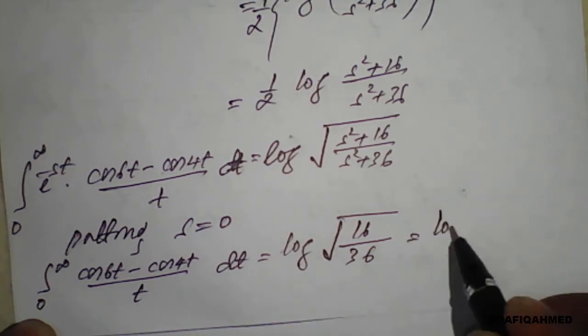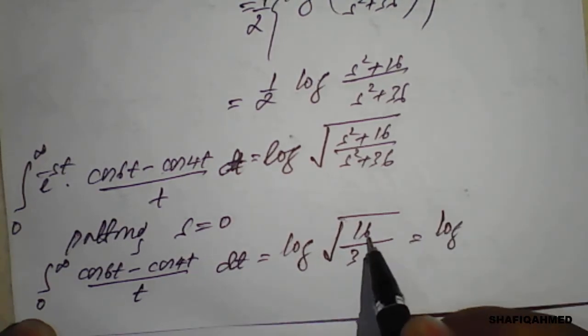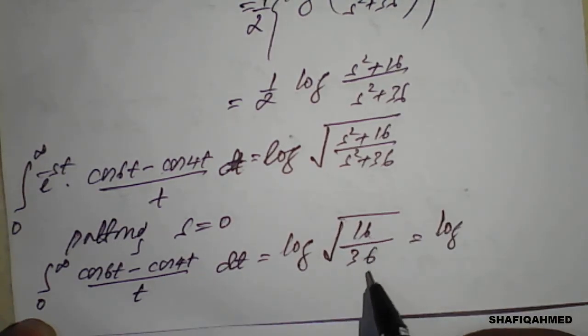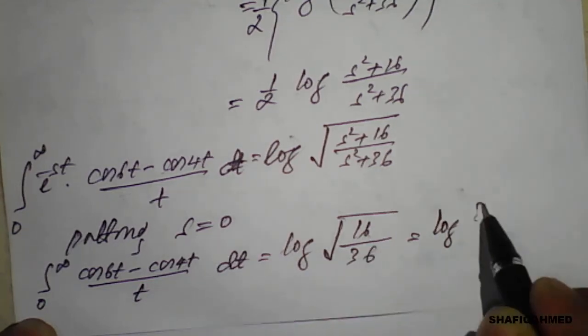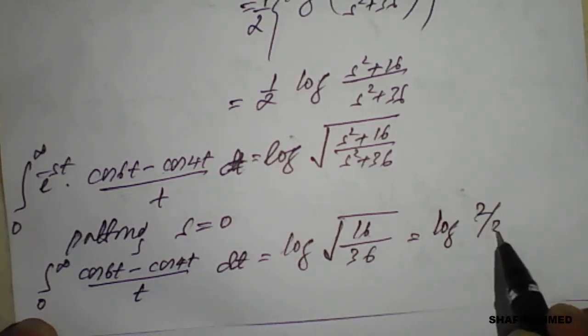We know that root of 16 is 4 and root of 36 is 6. That is 4 upon 6, which becomes 2 upon 3 finally.